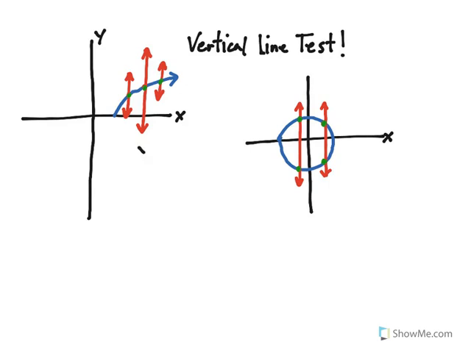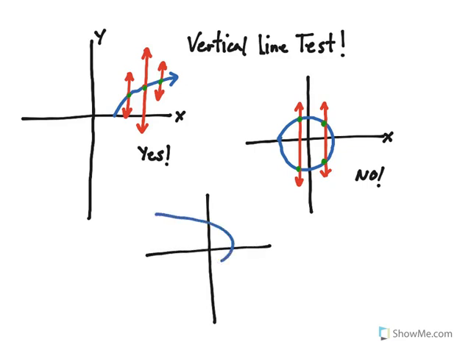So we said yes, this was a function, but this one was a no. Same thing, doing one more. If you had this one, let's say this is my graph, and I do a vertical line test.